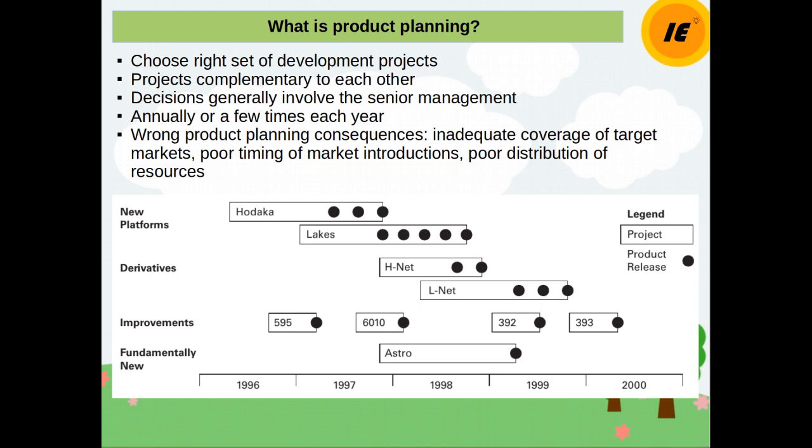So for example, if things go wrong in product planning, then it can lead to poor timing of market introduction. Every product has its own introduction into the market, and sometimes you bring a very old-fashioned product, and that's the problem.